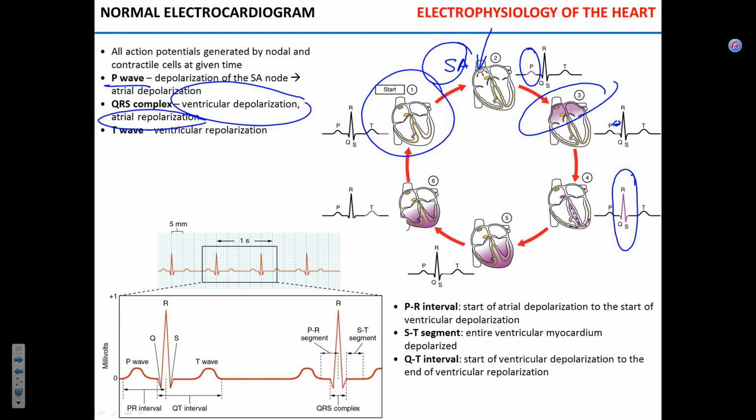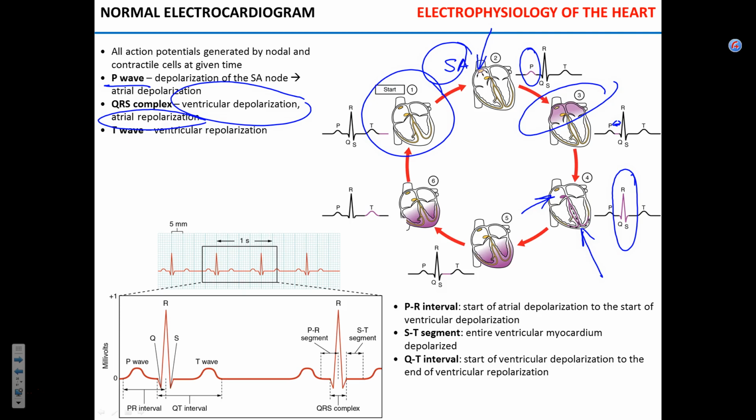So at the QRS complex, atrium is repolarized while ventricles start to get depolarized. The signal goes through the AV bundle and bundle branches. You with me so far?